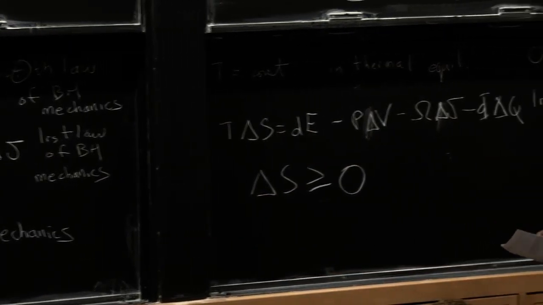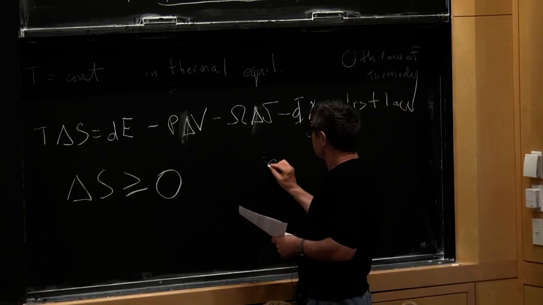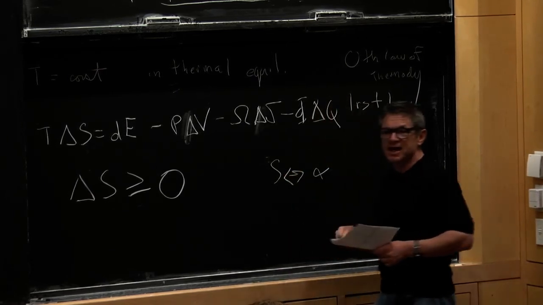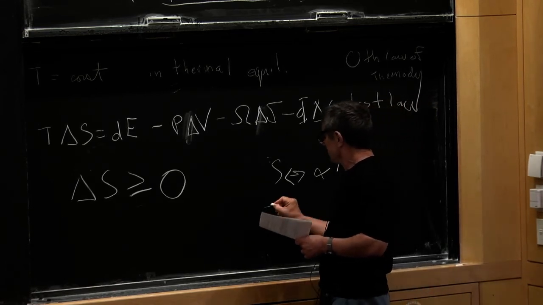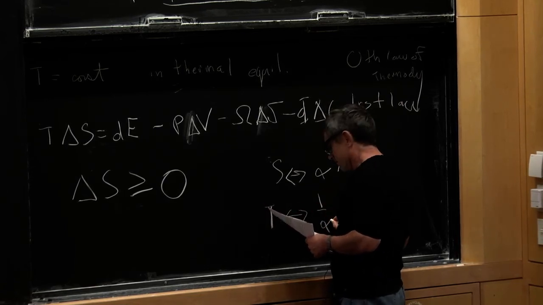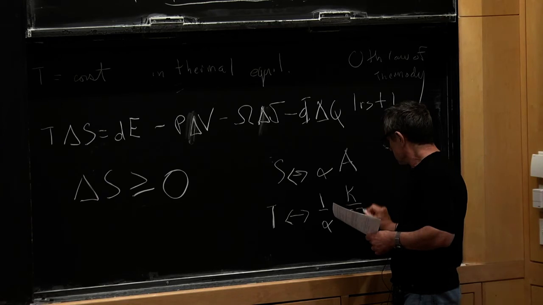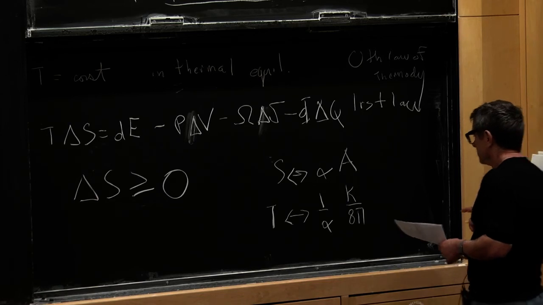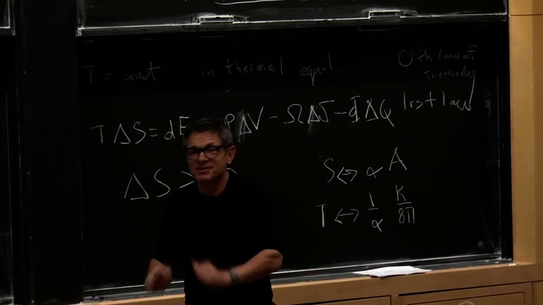But let's just notice that if we take S and we exchange it with any constant alpha times the area, and we take T and exchange it with 1 over alpha times kappa over 8 pi, then these things turn into one another for any alpha.